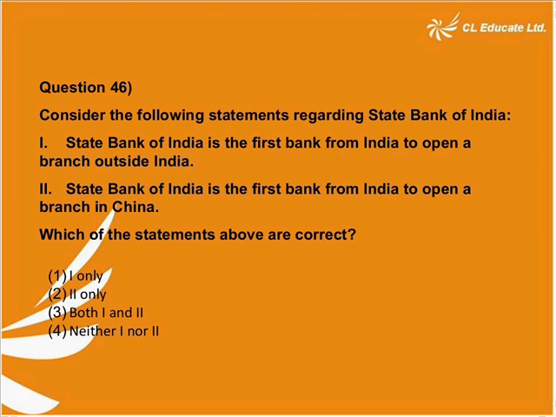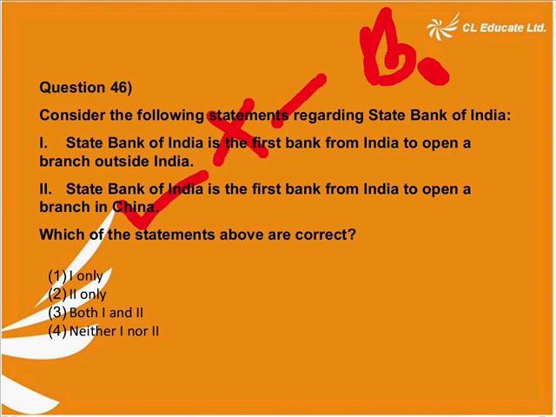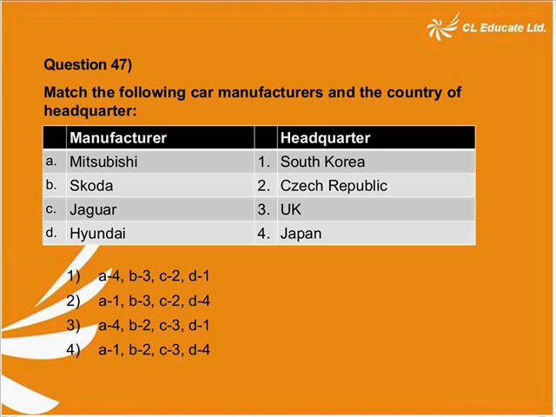Skoda is originally from Czech Republic. It has been acquired by, I guess, Volkswagen or General Motors, but Skoda belongs to Czech Republic. Its headquarters is there. It has been acquired there.